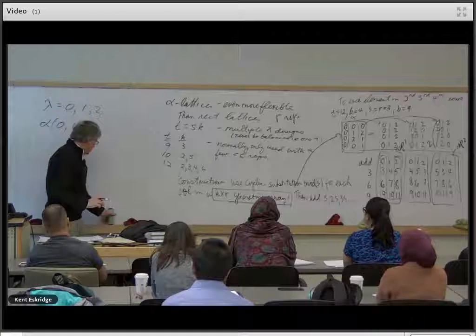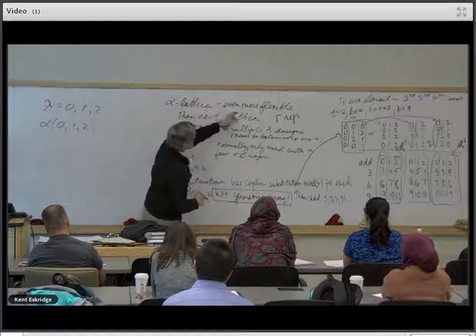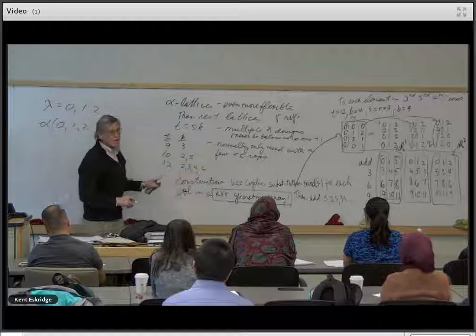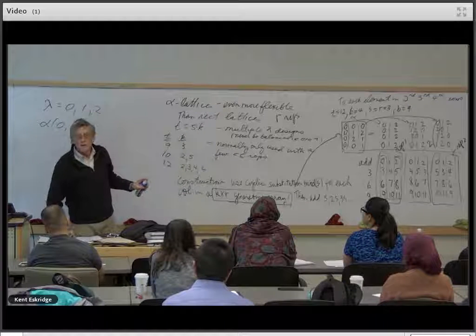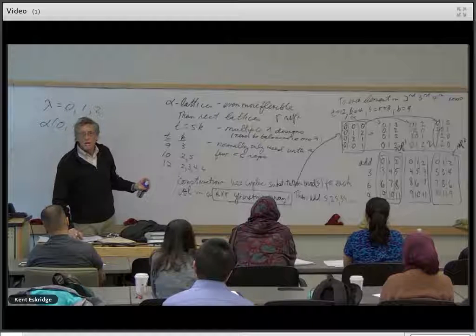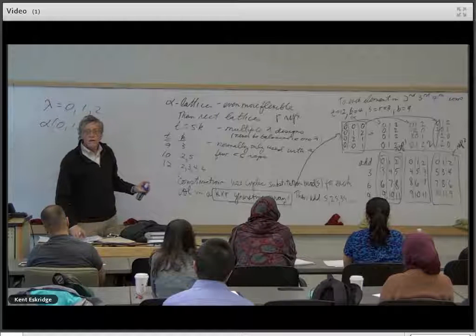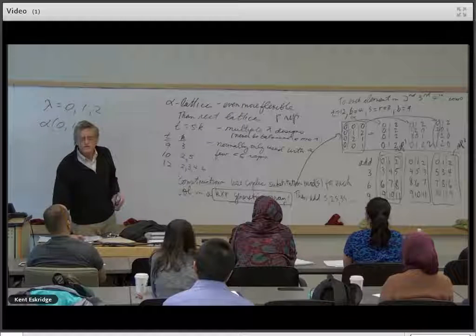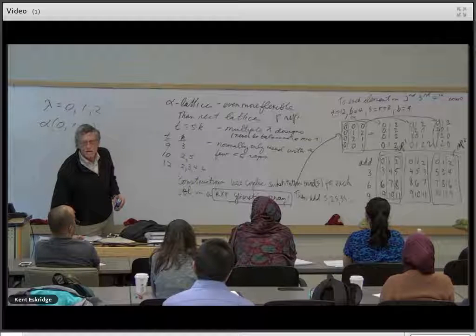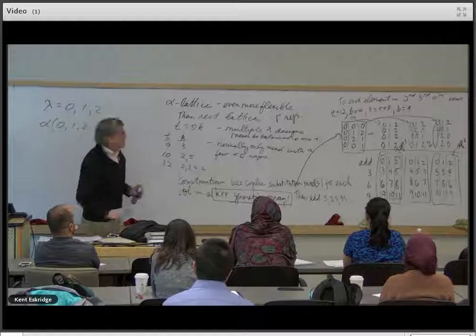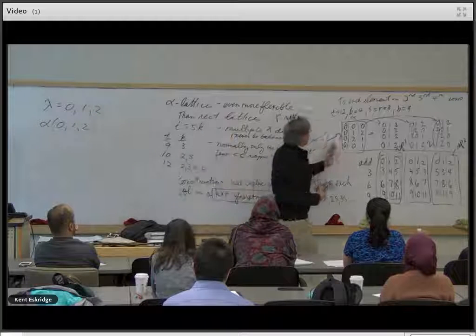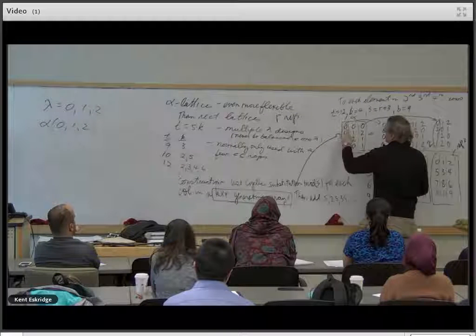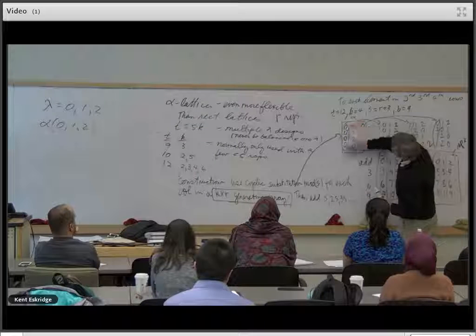For the generator array, the number of rows is always equal to the block size? The generator array, the number of rows is the block size. Block size 4, right?